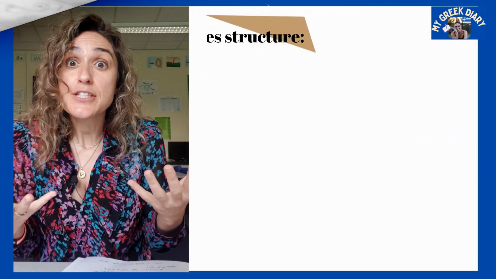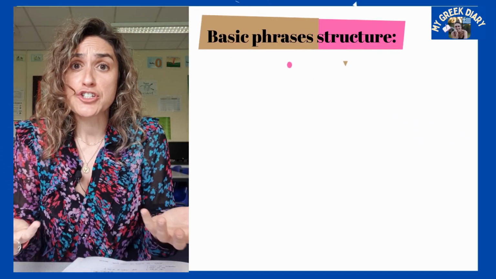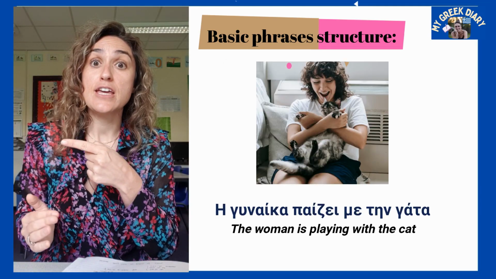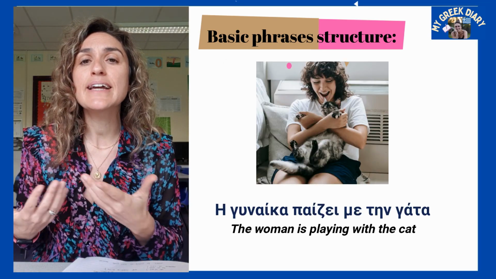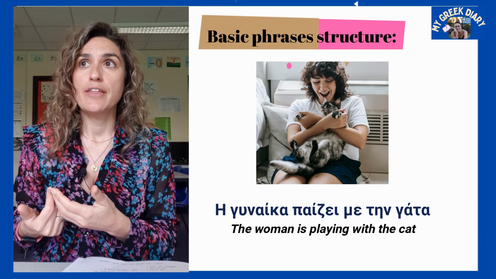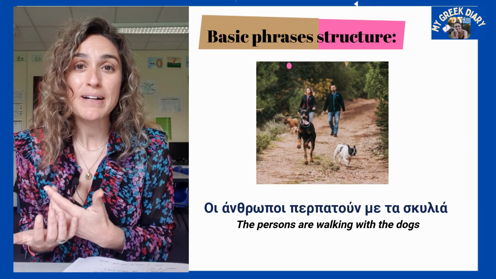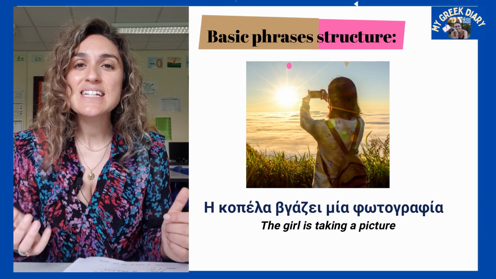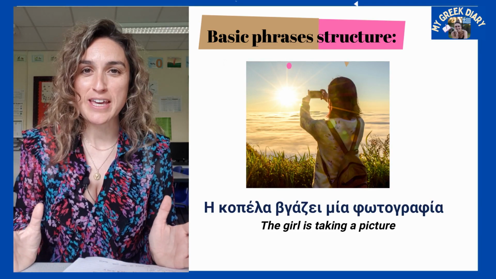First step, let's revise how this general structure in phrases works. For instance, we've got η γυναίκα παίζει με τη γάτα, okay? Then we've got οι άνθρωποι περπατούν με τα σκυλιά. Η κοπέλα βγάζει μία φωτογραφία.